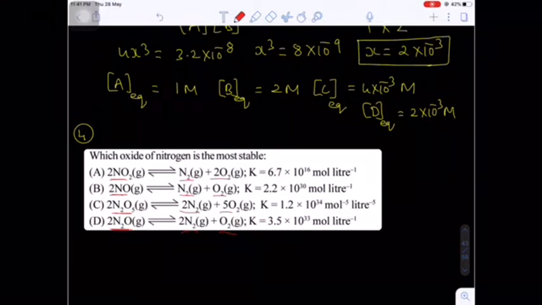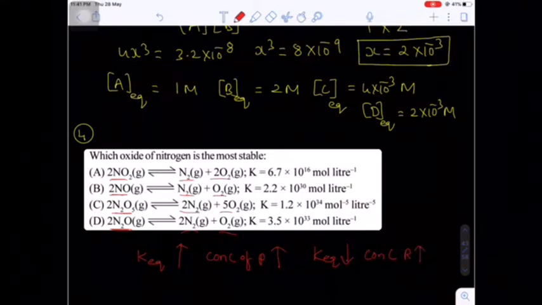That means the nitrogen oxide is present on the left hand side, the reactant side. Just now I told you, if the K equilibrium is very large, the concentration of products will increase. If the K equilibrium is very small, then the concentration of reactants will be very high. So we have to see the concentration of the reactant, that is the nitrogen oxide.